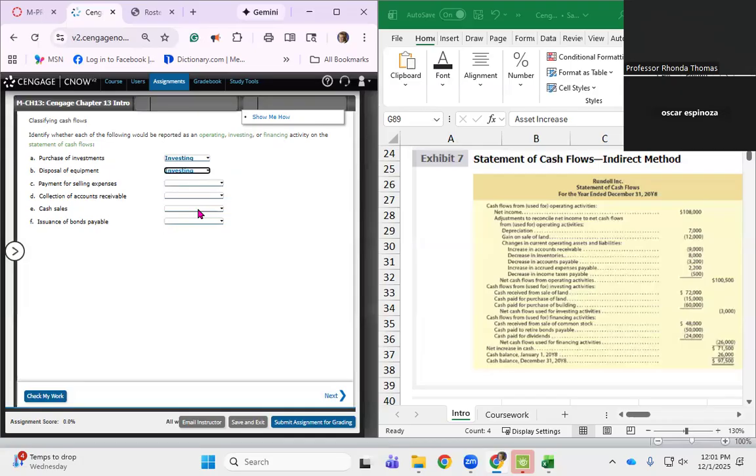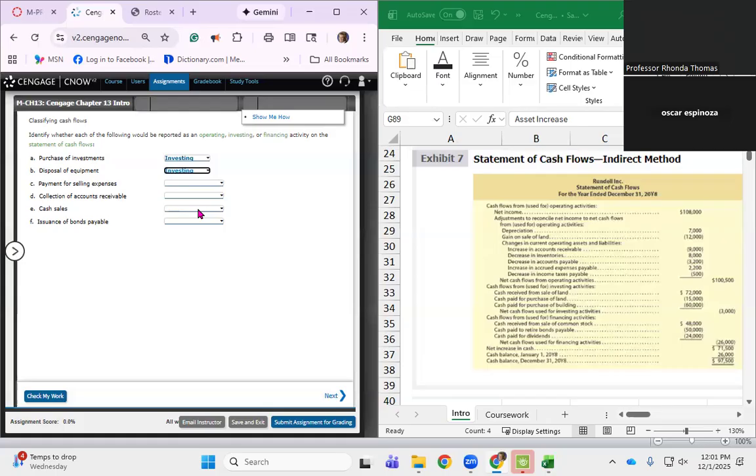So anything to do with fixed assets is all about what's going on in investing. So I'm going to put fixed assets here. Fixed assets, buying and selling.